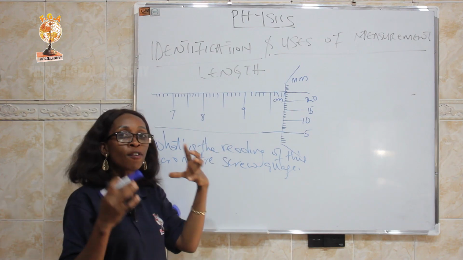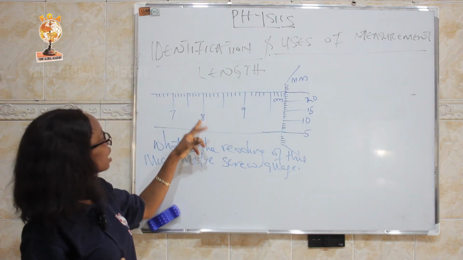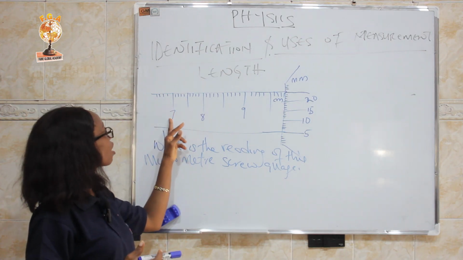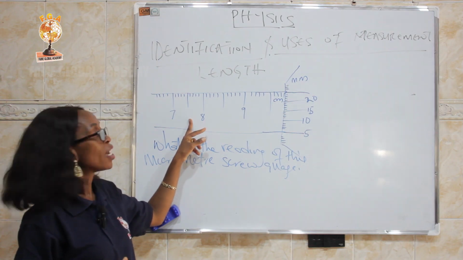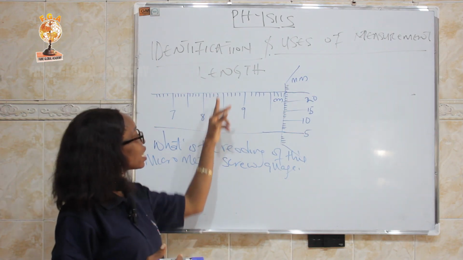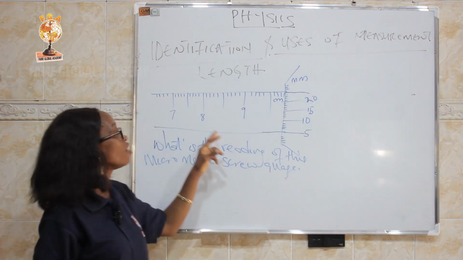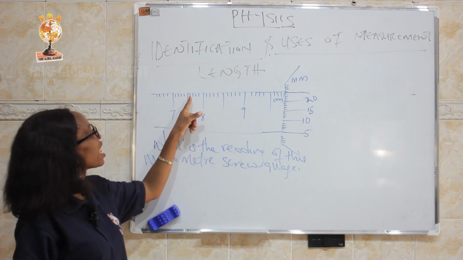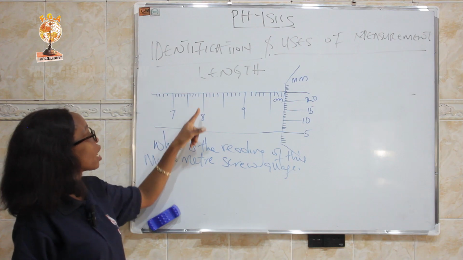Even if you are not told, looking at the scale you should know that if this is 7 and this is 8, half of it is 0.5, which is 7.5. In between 8 and 9 is 8.5, in between 9 and 10 is 9.5.